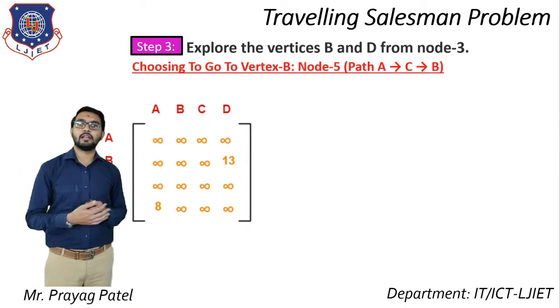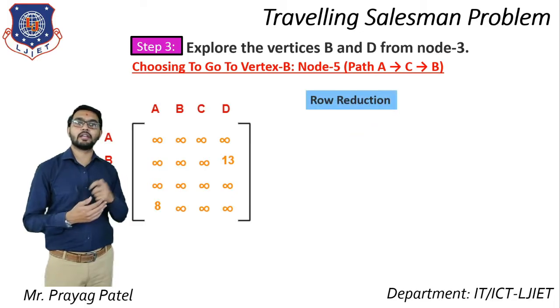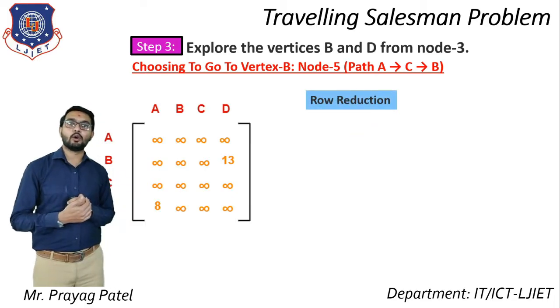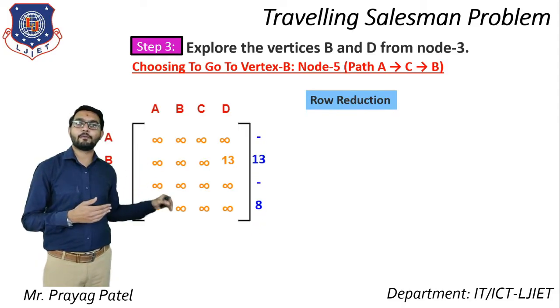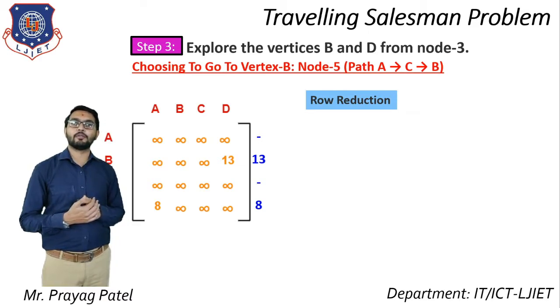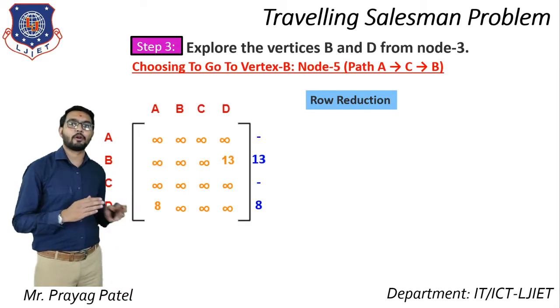Now consider this matrix as your input and perform the row reduction and column reduction operations. First the row reduction: the first row contains 13 and the fourth row contains 8 as the minimum value. So for reduction, subtract 13 from the B row and subtract 8 from the D row.